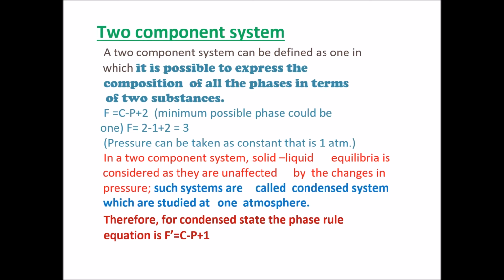So in the two-component system we take pressure as constant at 1 atmosphere. A system where pressure is considered constant is called a condensed system, which is studied at 1 atmosphere. For a condensed system the phase rule changes to F is equal to C minus P plus 1, because we are not taking 3 variables here, only 2 variables at a time.